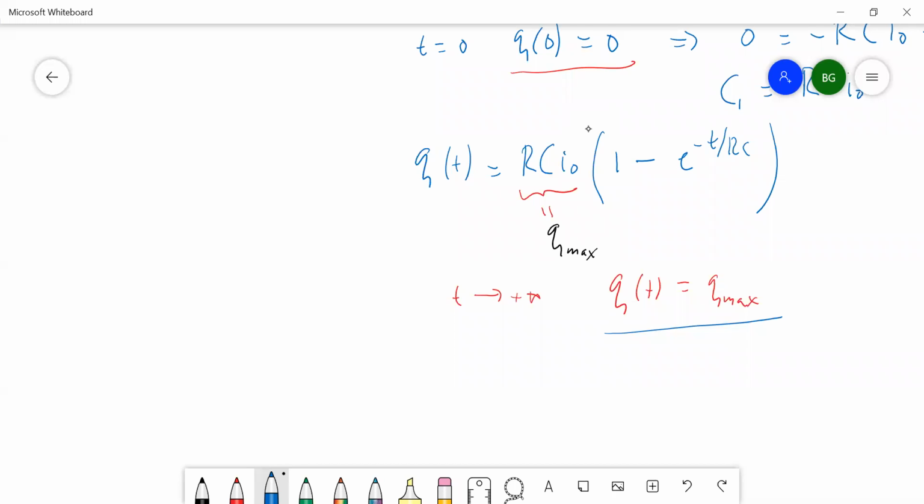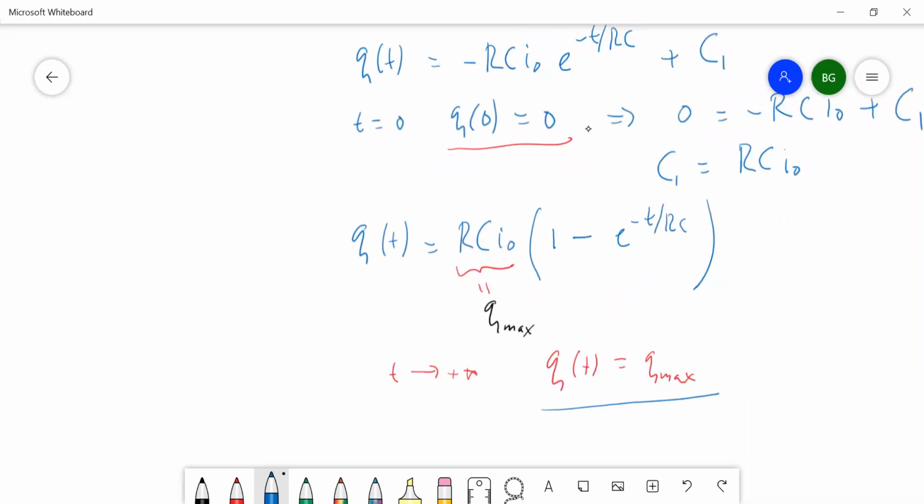From this formula, if you take R going to 0, then the exponent goes to infinity, the exponential is 0, and there will be 1 here.